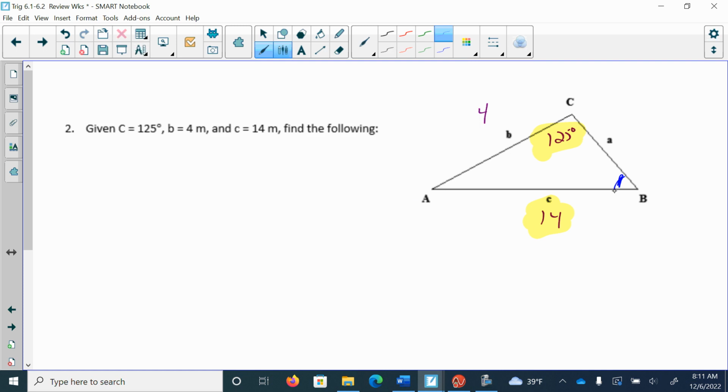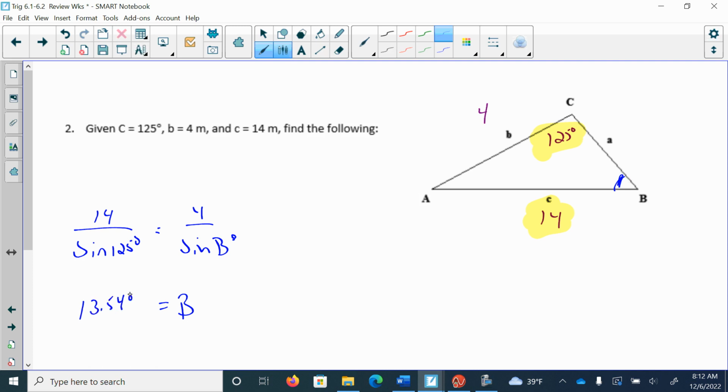So if I set up my proportion, I'm going to have 14 over the sine of 125 degrees is equal to 4 over the sine of B degrees. And if I'm using nSolve, I'm definitely going to want to put that degree symbol in there so that it gives me my angle in degrees and not radians.